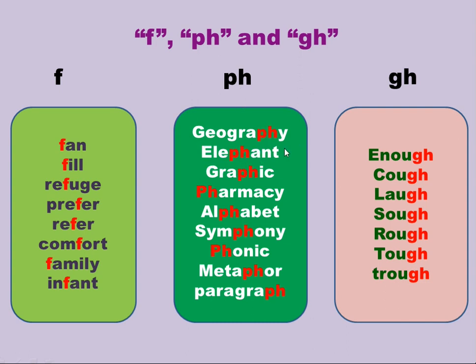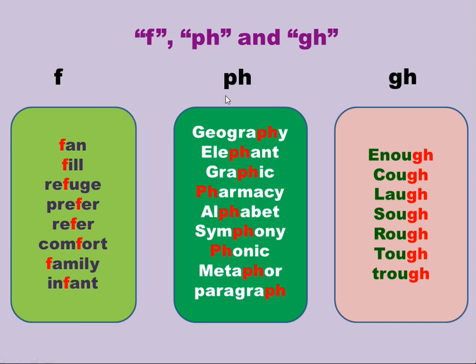Geography, elephant, graphic, pharmacy, alphabet, symphony, phonic, metaphor, paragraph. GH also gives the fur sound. Enough, cough, laugh, soft, rough, tough, trough. Okay, they give the fur sound.